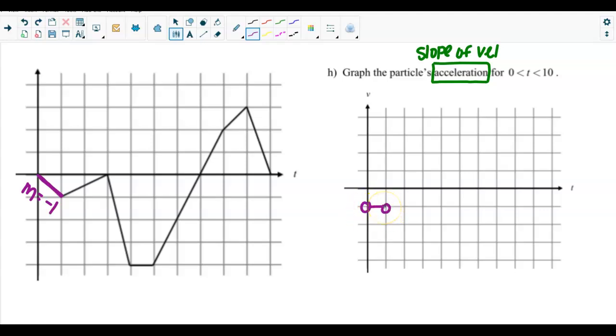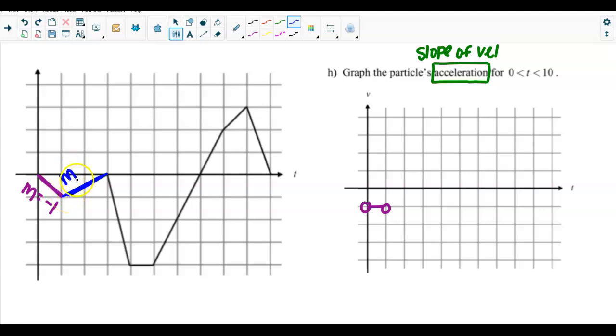Remember, we're putting open dots because at whole numbers, a lot of times they change. And when the derivative coming in is not the same as the derivative going out, there is no value at that derivative.